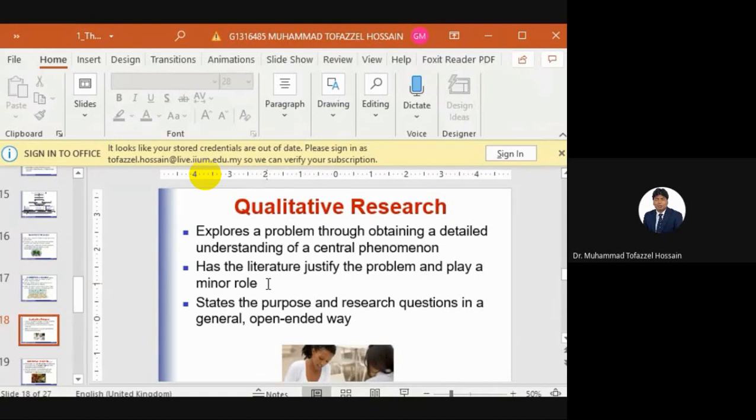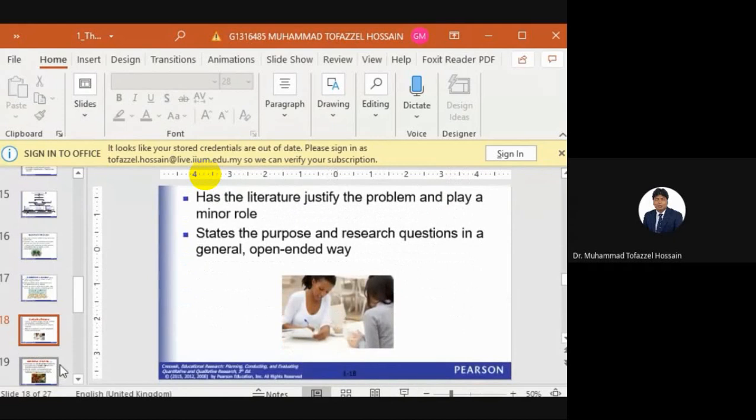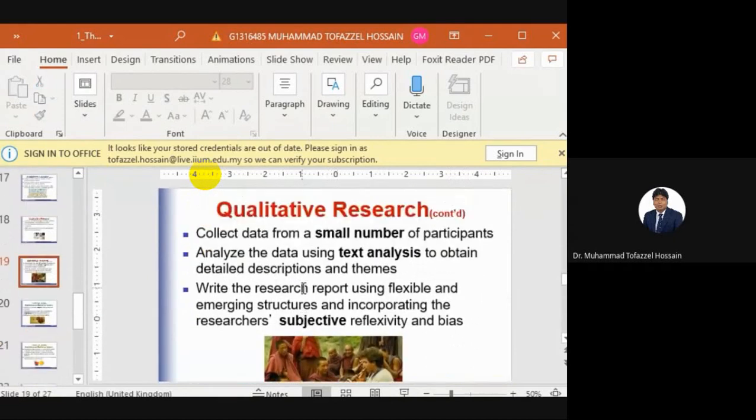But for an explorative study, as you do not know what it may be at the end, your research questions and purpose are usually general and very open-ended, because you cannot close down when you do not know exactly what will happen.